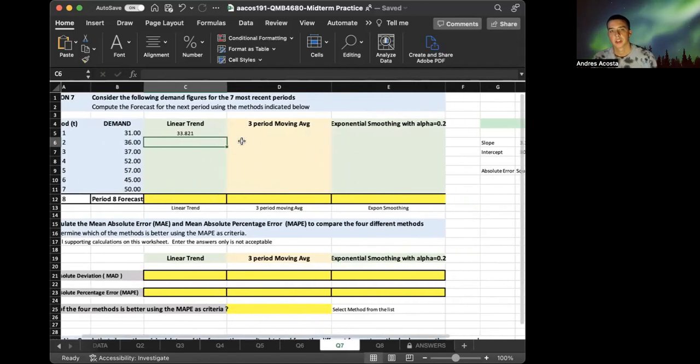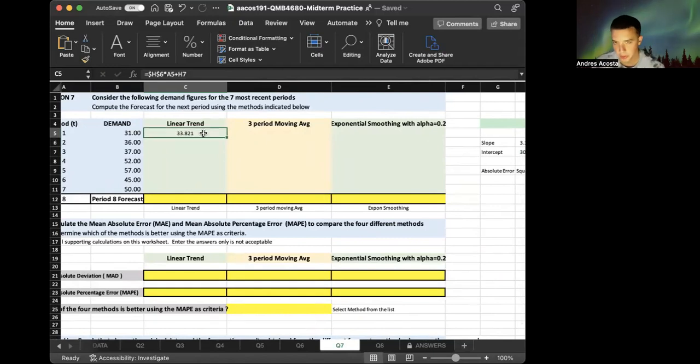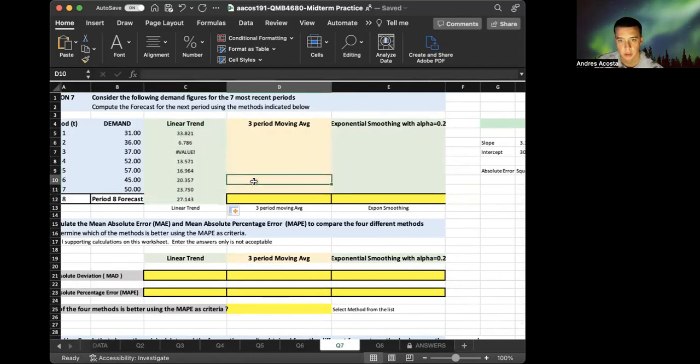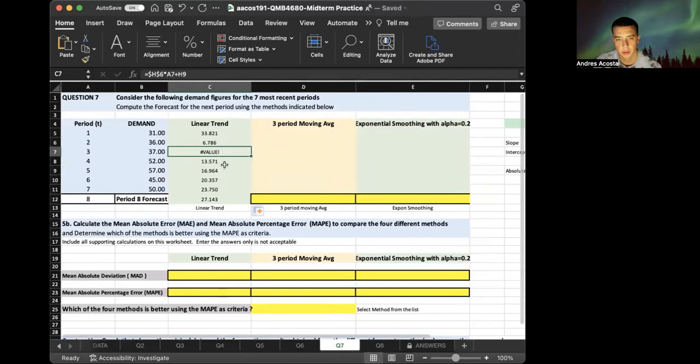Perfect. Now all we have to do is continue for the rest of the linear trend. Since we already did the first one, we grab this little cross and bring it all the way down. Okay, we click enter. So what happened here?